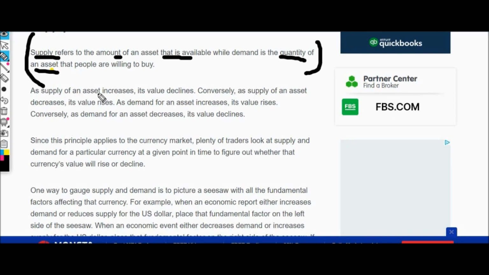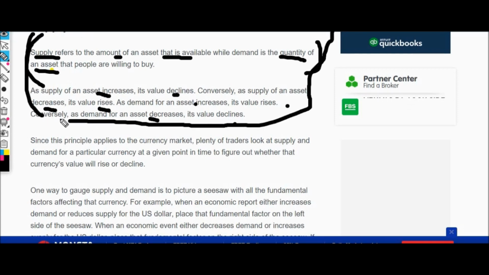As supply of an asset increases, the value declines. Conversely, as the supply of an asset decreases, its value rises. As demand of an asset increases, its value rises, and conversely, as demand decreases, its value declines. That's what you're supposed to understand about supply and demand in forex trading.